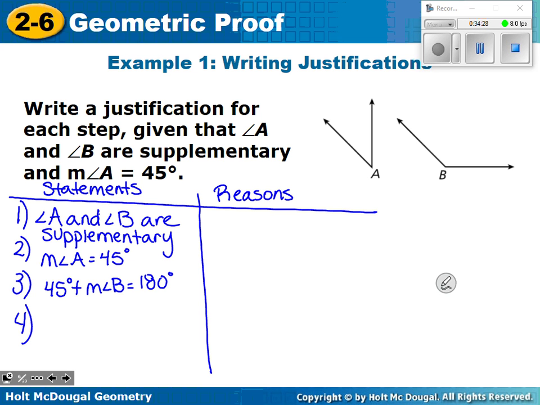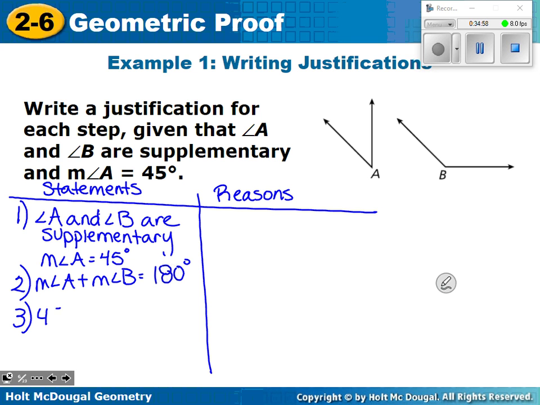I think we missed a statement there somewhere. Okay, so this is statement 1. So what was statement 2? Equals the measure of, or equals what, I'm sorry? 180. Okay, and then statement 3? And then the statement 4.